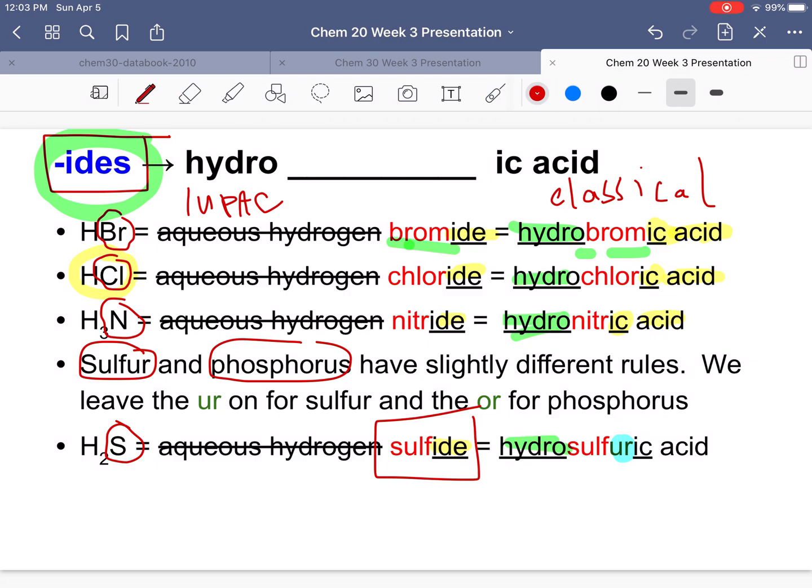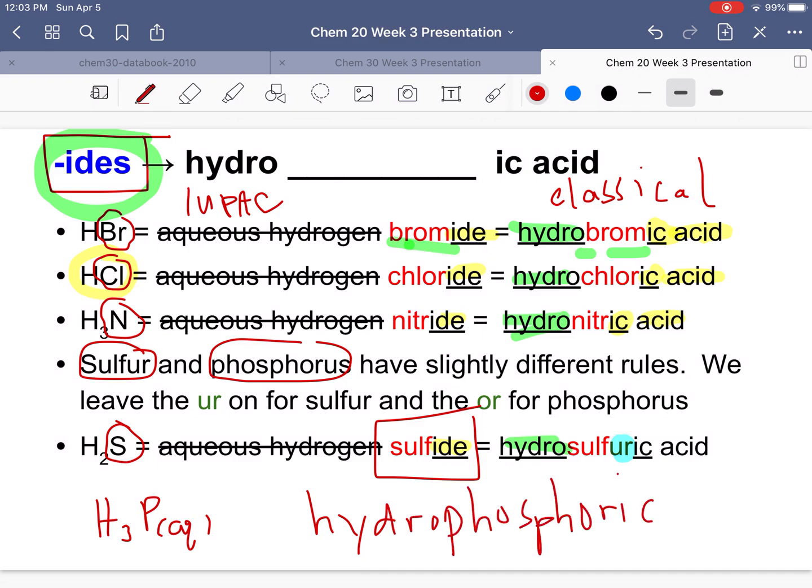So if we were dealing with, for example, H3P, then we don't say hydrophosphic acid. We say hydrophosphoric acid, just to take note that this little OR is hanging out there. Okay, that's with your ides. Ide turns into hydro blank ic acid.